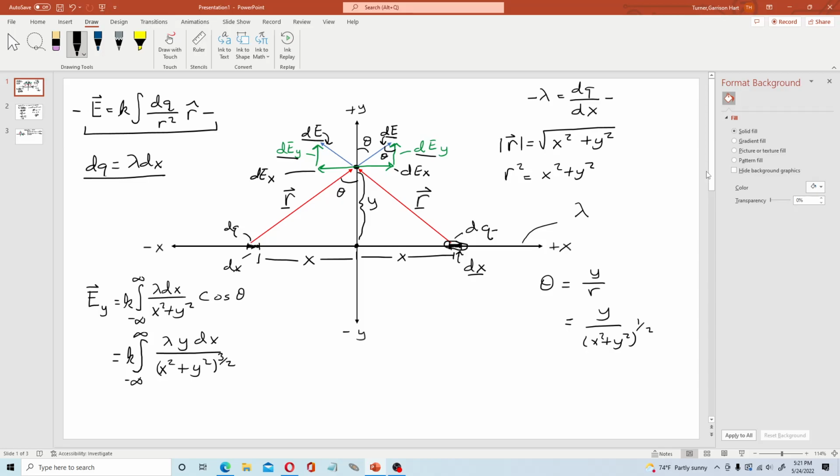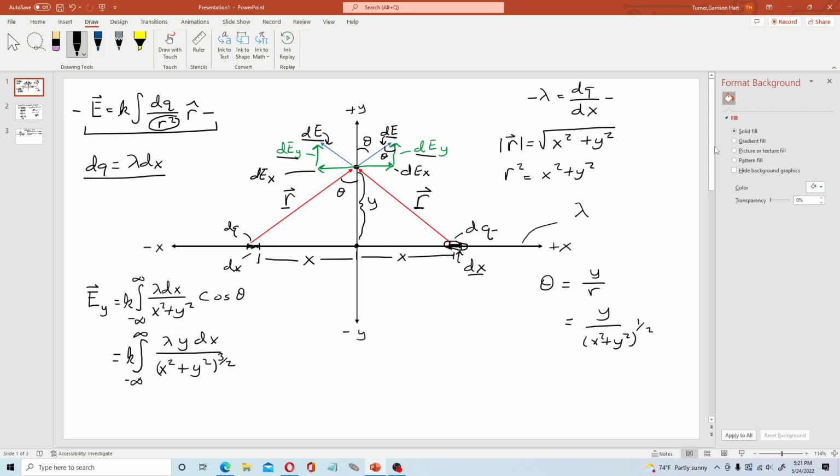And you'll notice that the dEx components are going to cancel out. And as a result, we only want to keep the vertical components. Okay, so we've defined our r vector here, and we need to get r squared to insert into our equation.